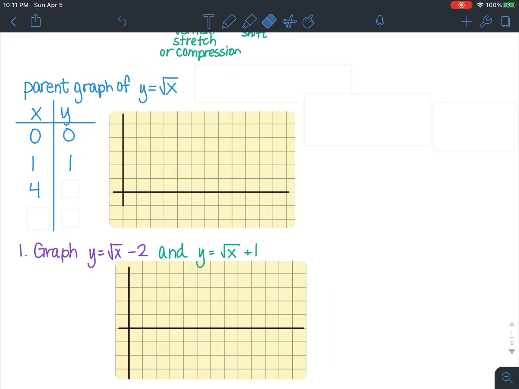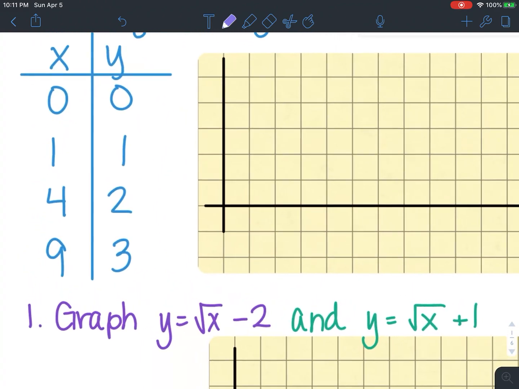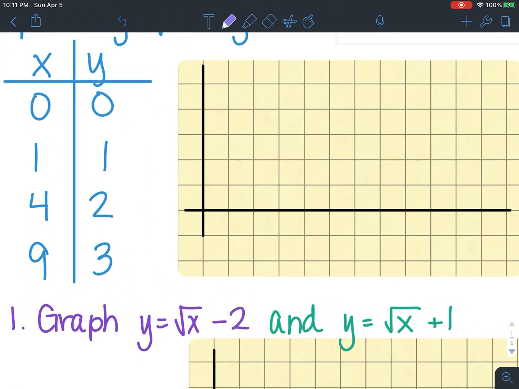So 4 is the next logical number because the square root of 4 is 2. That gives me nice numbers. And then the next one, of course, would be 9 because the square root of 9 is 3. So now we're going to plot these numbers on our graph: 0, 0, 1, 1, 4, 2, and 9, 3.